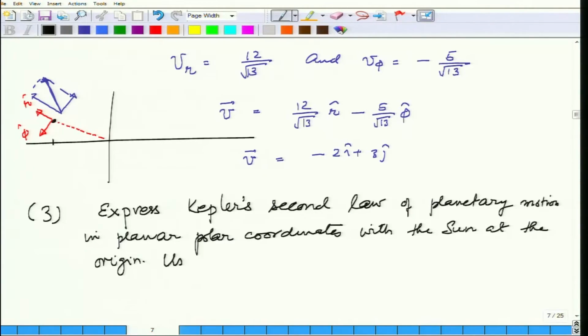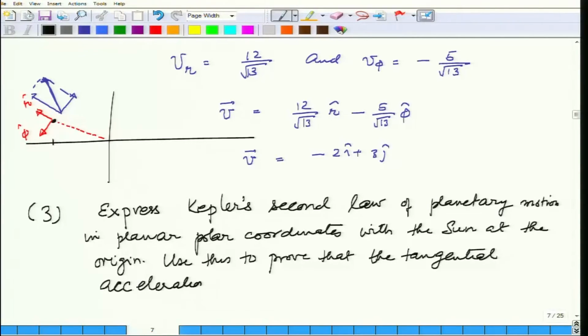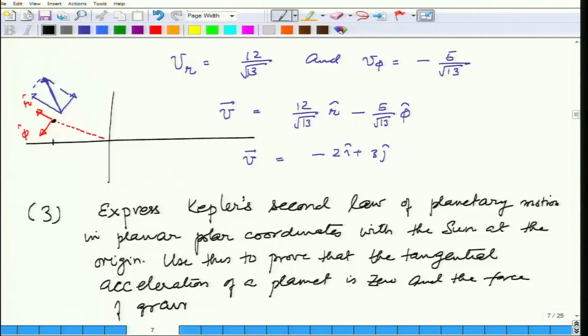Use this to prove that the tangential acceleration of a planet is 0 and the force of gravitation, which is understood between the sun and the planet, is towards the sun.